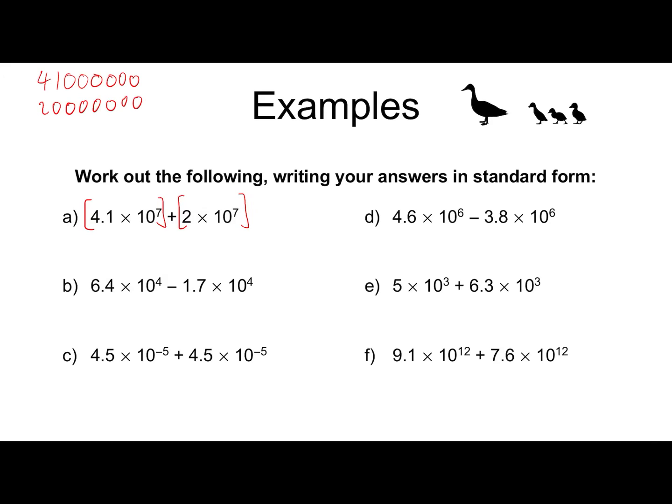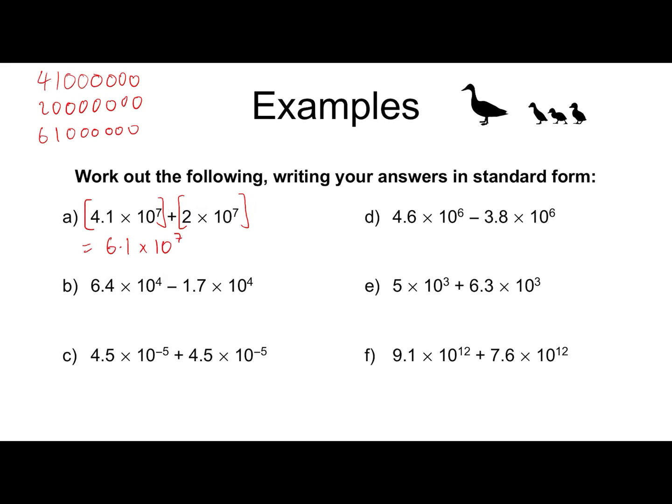Okay, so let's just add it up the long way. What we're going to get is 61 million. And then change that back into standard form, which is 6.1 times 10 to the power of 7.